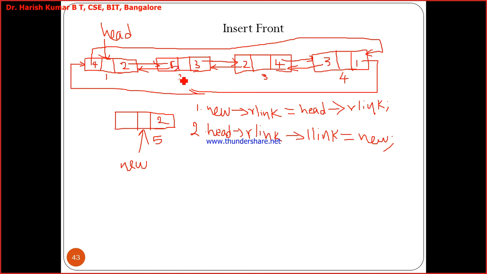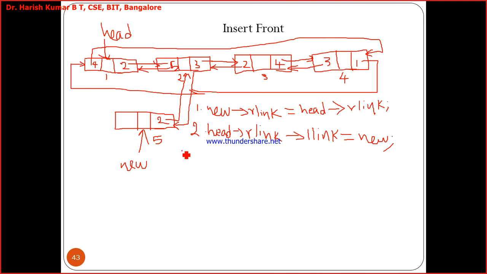Now address of this node I have stored here, and address of this node I have stored here. So what does it mean? Like this, I'll show you. From this you can come to this node. I've done these two. Yes or no? So from this node you can go to this node, and from this node you can come to this node.